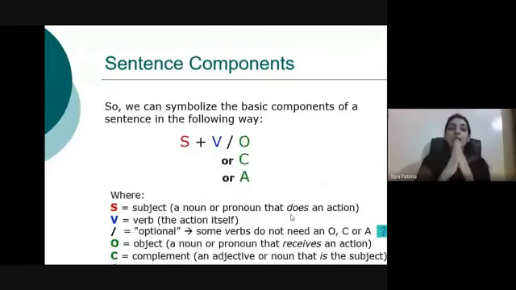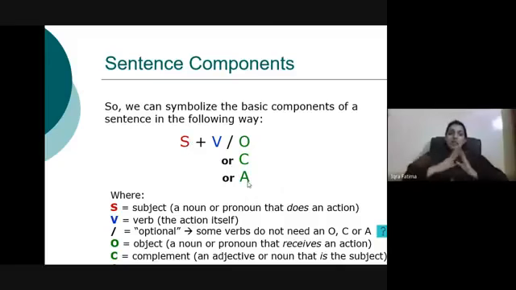To summarize this point, I would say that the basic components of the sentence could be of three types. The first one is subject, verb, and object. The second one is subject, verb, and complement. The third one is subject, verb, and adverbial.